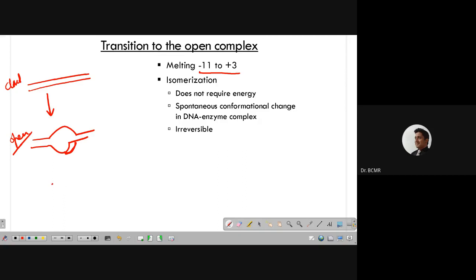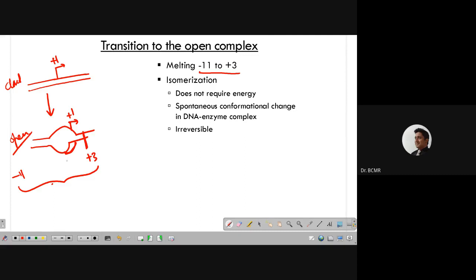Say, for example, this is +1, so you can assume that +1 is here. So +3 would be somewhere here until -11 bases. So about 15 bases or so of DNA melts.